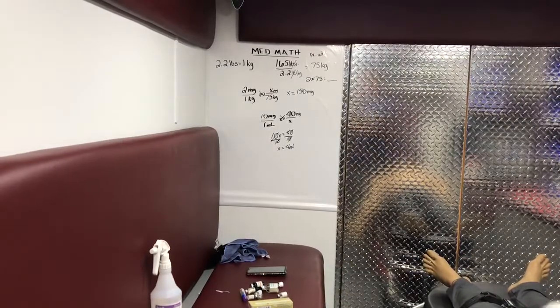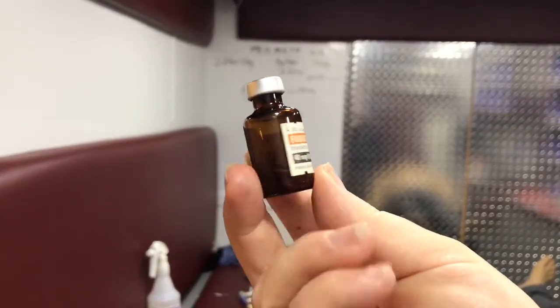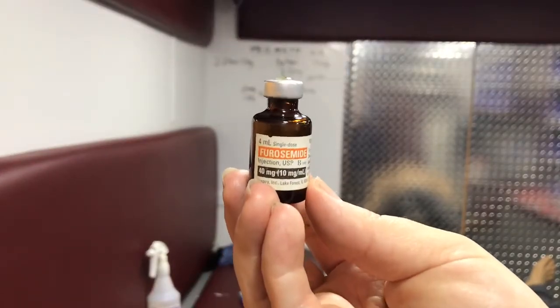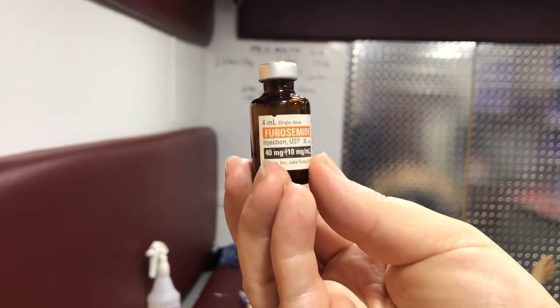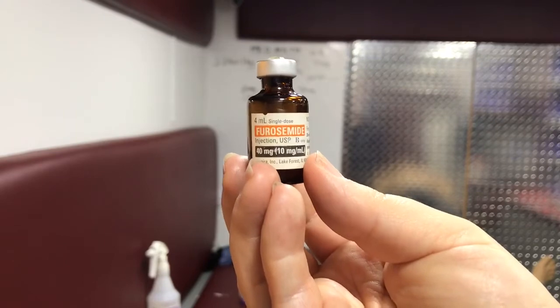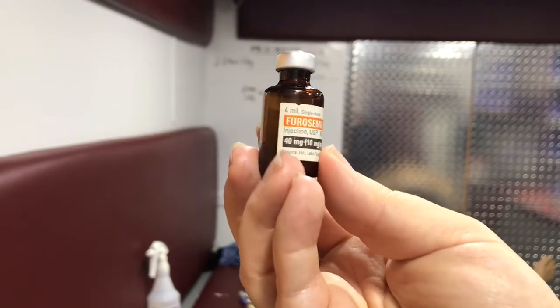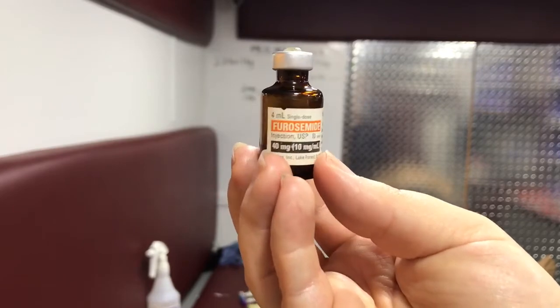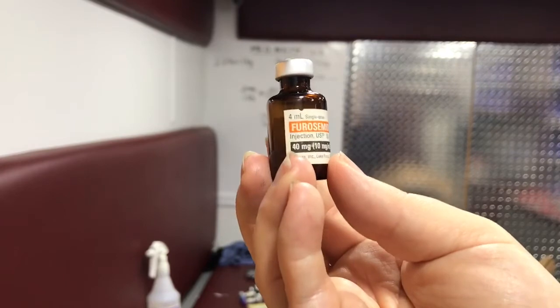So what if we only need to give, back in this frame, what if we give 20? So what if we need to give 20 milligrams? How much of this vial, how much fluid are we going to pull out? Are we going to draw it? So it's easy for me to work things in halves and quarters.